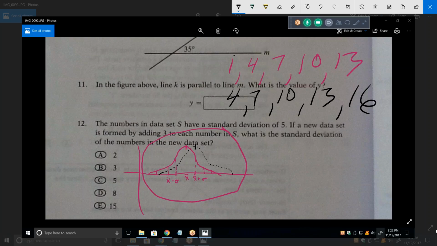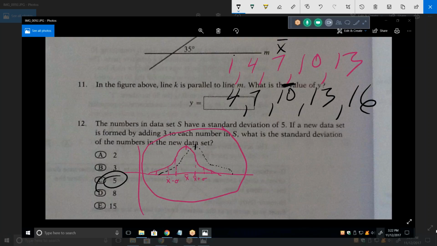My mean might be 7 in the first case, but it's got the same spread as my mean of 10. Right. And I think that's the best explanation for this. So my standard deviation is 5. It didn't change. You don't change the spread of the data by adding a constant to each number.